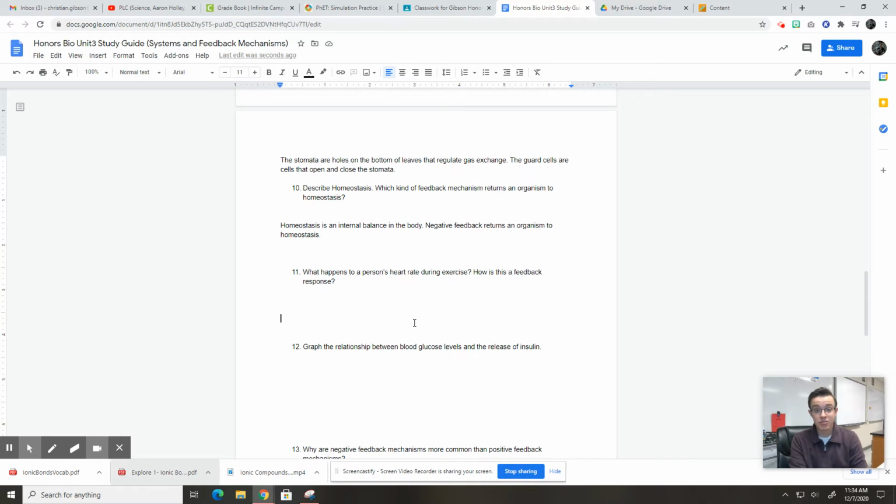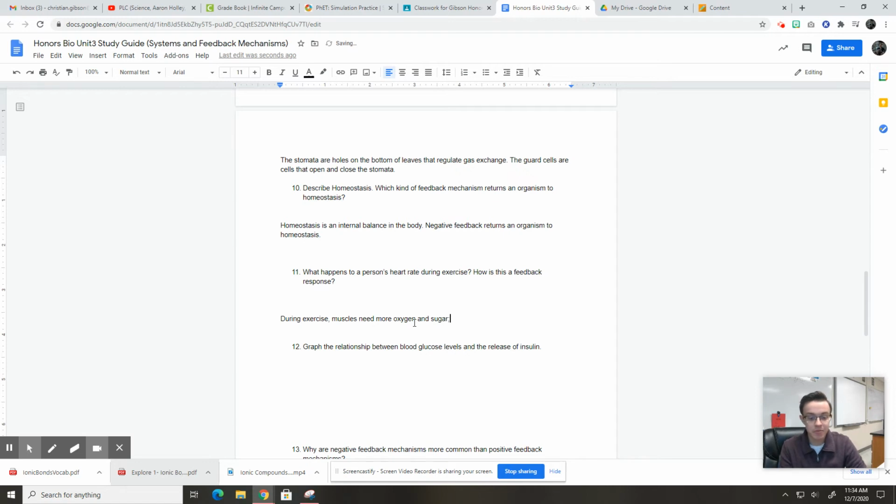So during exercise, your muscles need more oxygen. They need oxygen to make energy, and we have a whole unit about how that works. They actually need sugar as well to make energy. I'll put sugar.